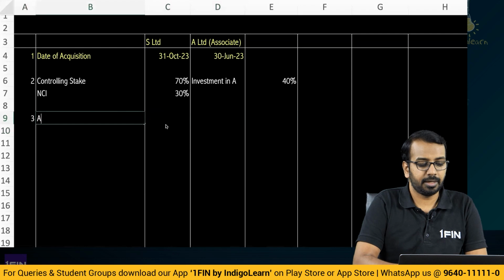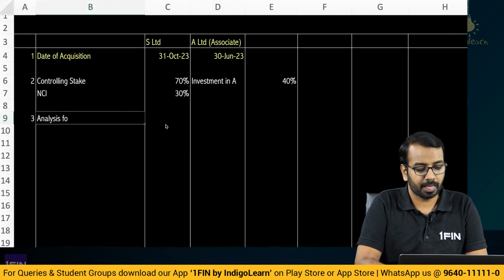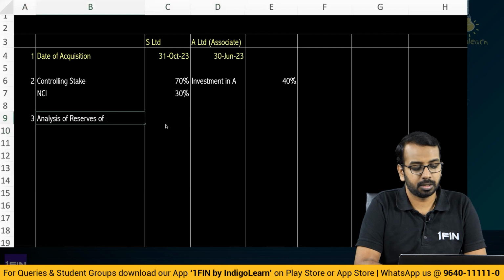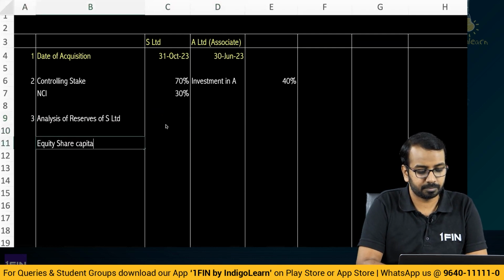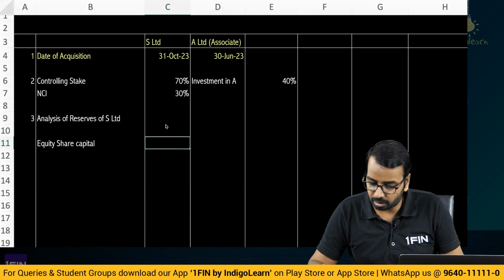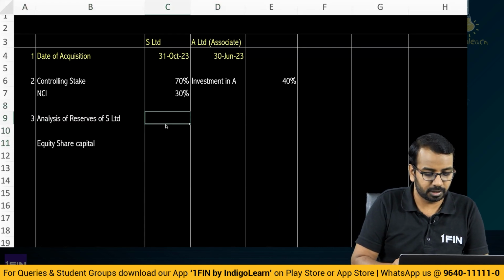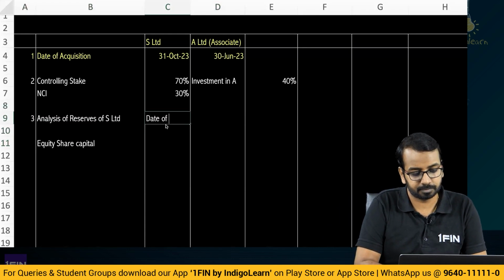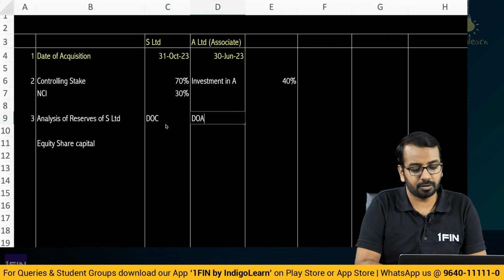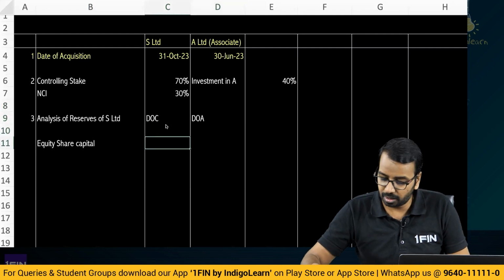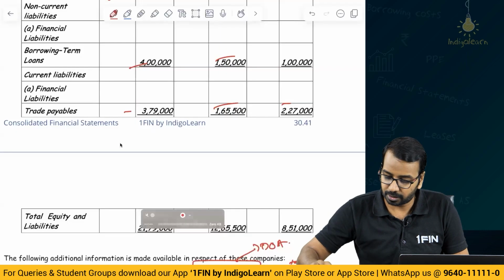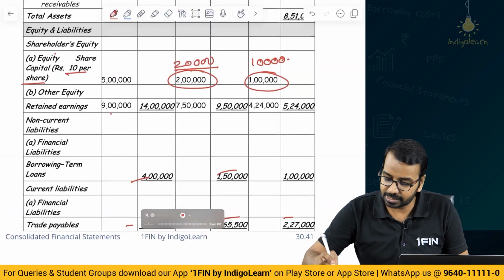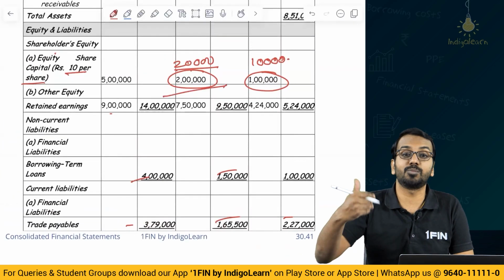So then, analysis of reserves of S Limited. You have equity share capital, as per balance sheet or on date of consolidation, and what is there on date of acquisition. Now, equity share capital on date of consolidation is 2 lakhs plus bonus.